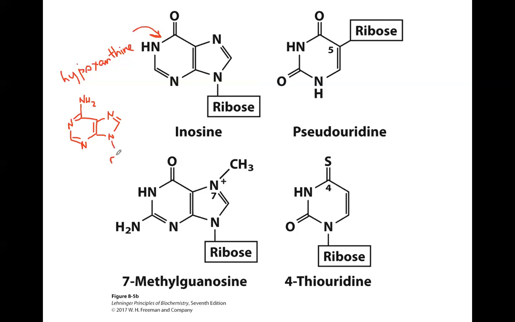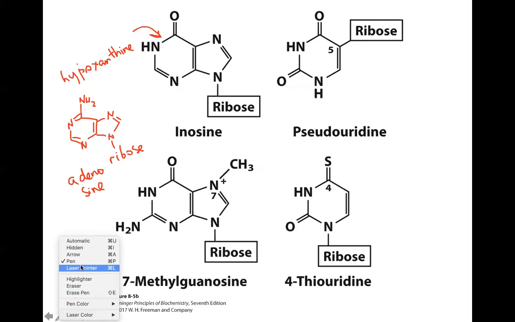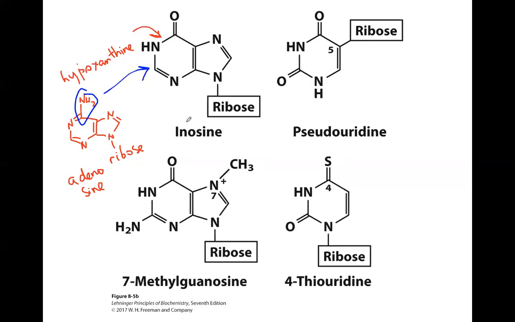In adenosine, there will be a ribose here. With the ribose, this will be adenosine. And so inosine comes from adenosine through the loss of this NH2 group. Right, so if you lose this NH2 group, you go there.